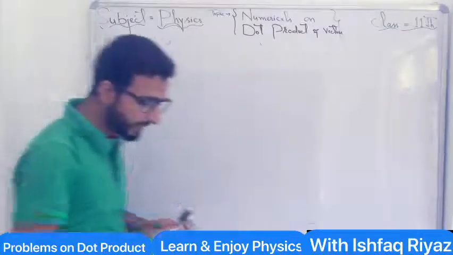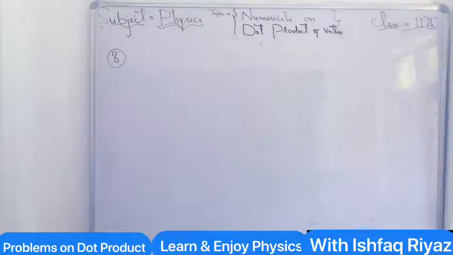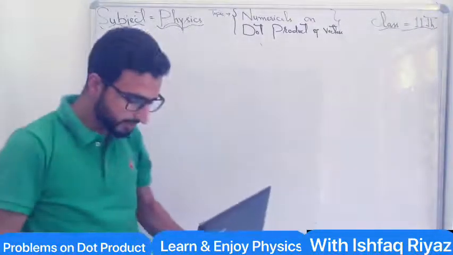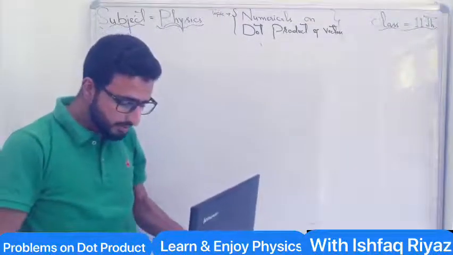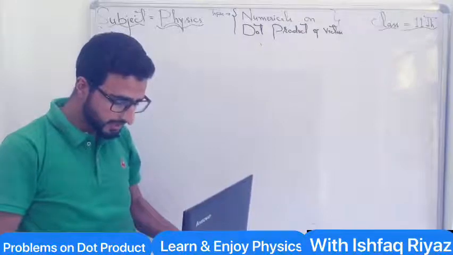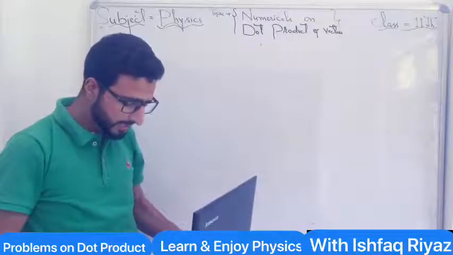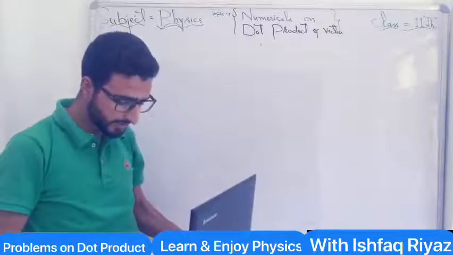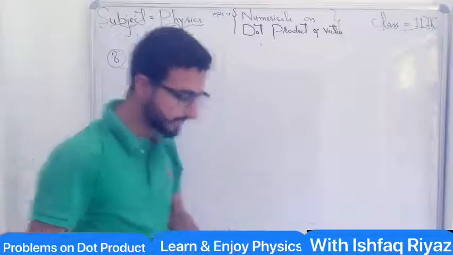Now let me find the angle between the two vectors. The question is, if the magnitudes of two vectors are 2 and 3, and the magnitude of their scalar product is 3 root 2, then what should be the angle between the two vectors?